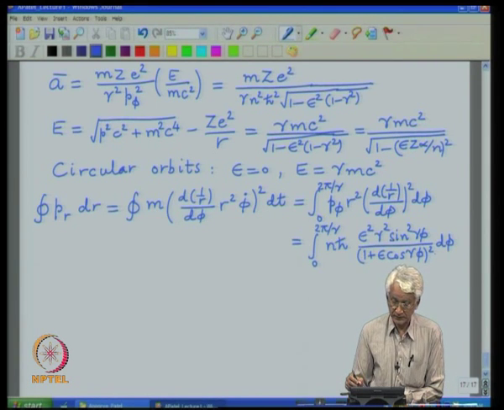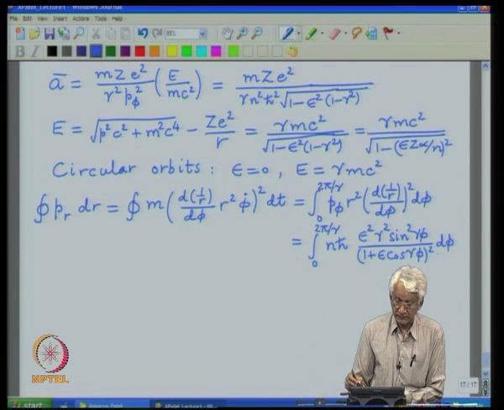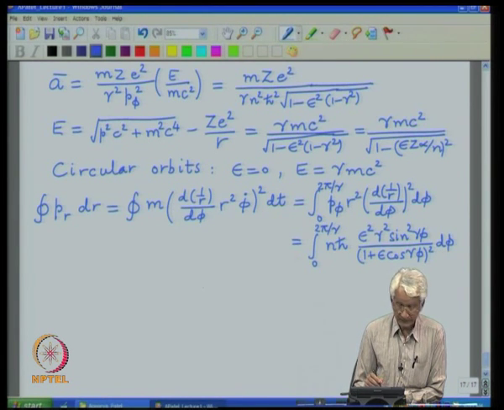this particular trigonometric integral, one can see that the form is identical to what we did in case of the non-relativistic case, when you substitute this gamma phi by a new variable which is just phi prime, and then the angular integral also will go from 0 to 2 pi for the new variable phi prime.